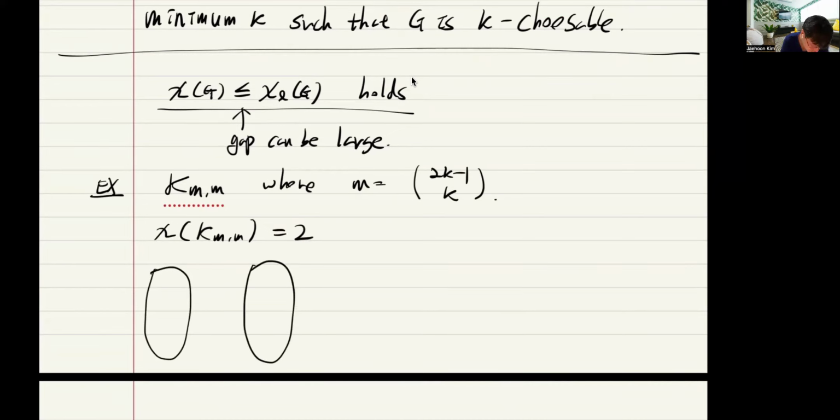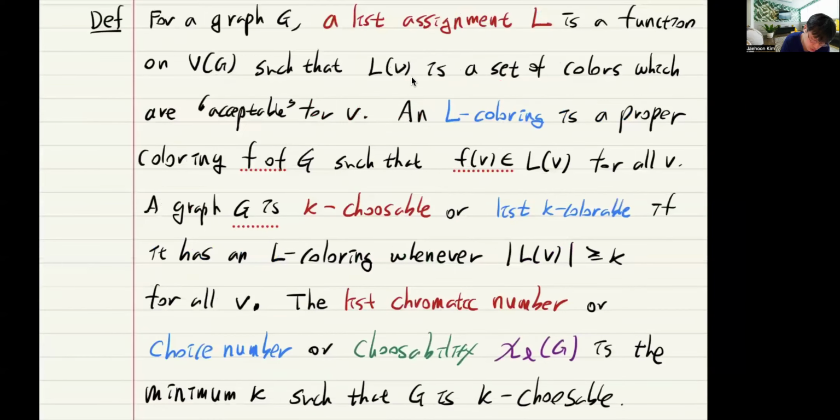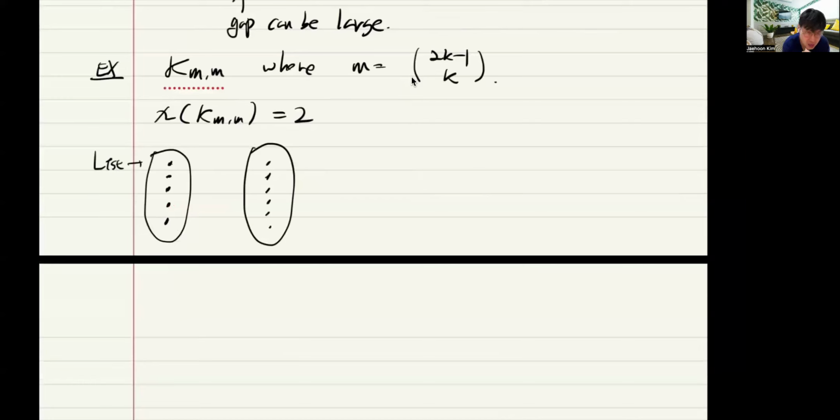So we want to show that its list chromatic number is at least something. Then what do we have to do? We have these vertices, and we assign some list on these vertices, and we show that there is no L-coloring. So you cannot choose each color from the list so that you obtain a proper coloring.